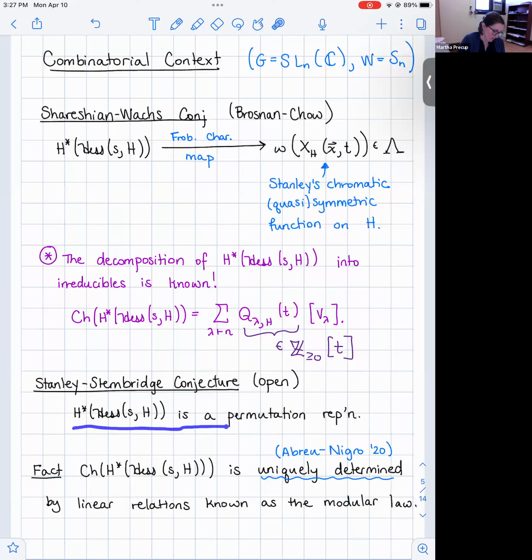I'm phrasing it in terms of the representation theory on the Hessenberg side, but the way to phrase it there is that the dot action representation is actually a permutation representation. What that means is that not only do we have a representation of the symmetric group, but it can be written as a sum of representations that are induced trivial representations from reflection subgroups in a very nice way.